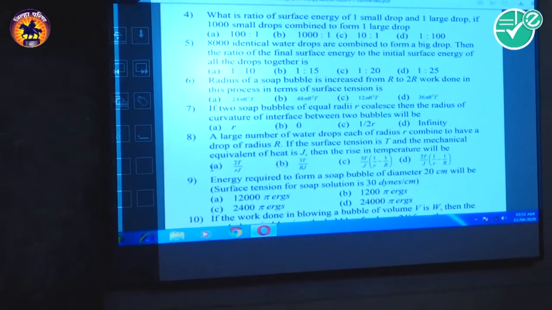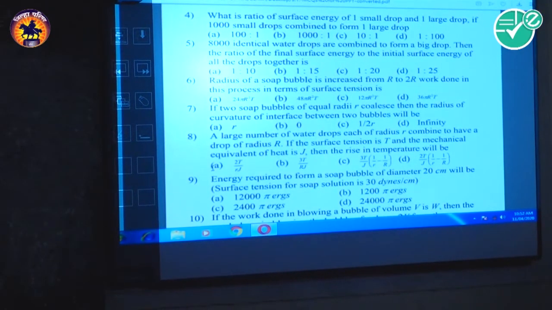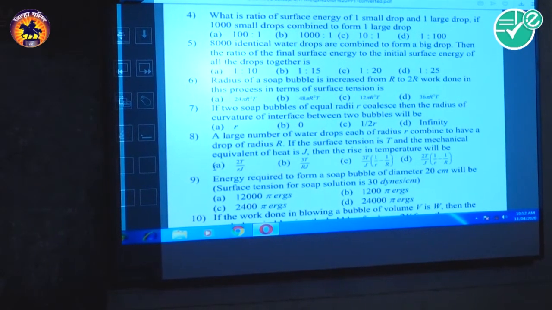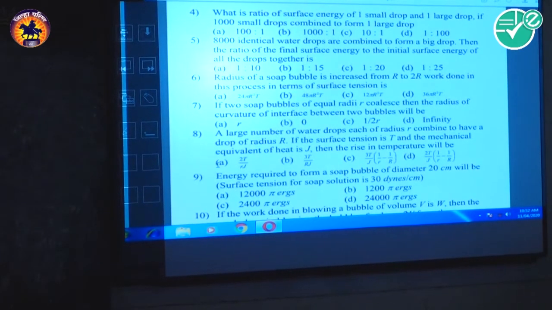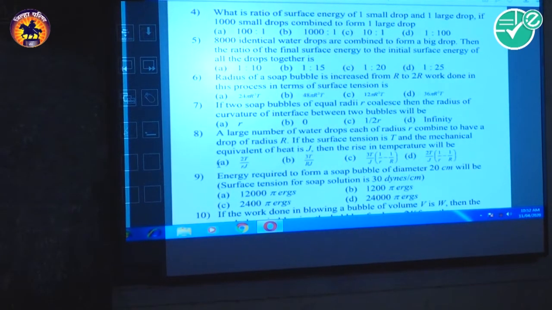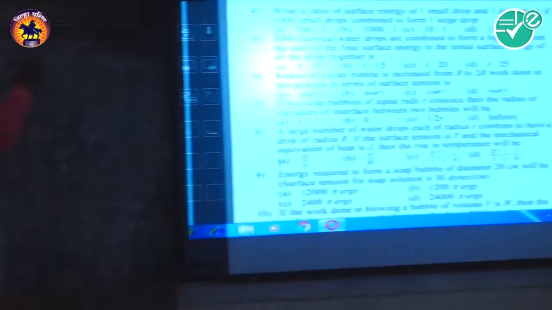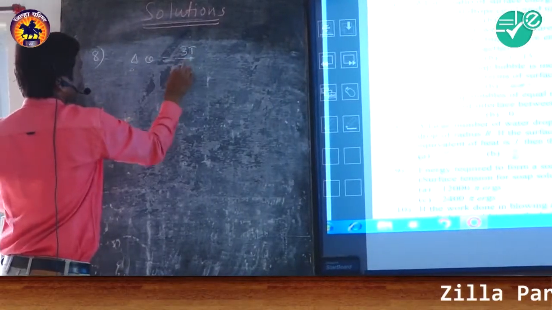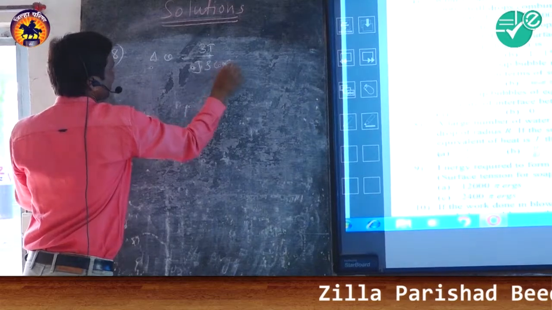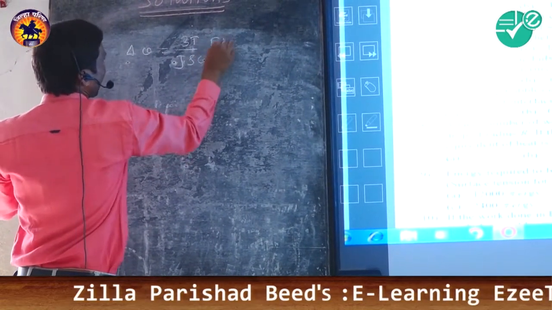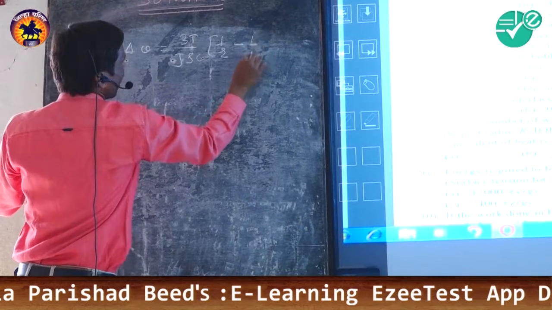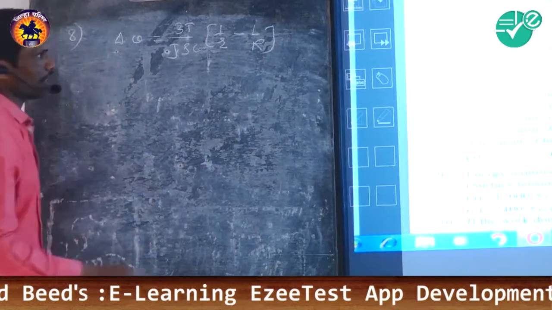We have seen that a large number of water droplets combine to form a single drop. In this case the temperature increases, and the increase in temperature is given by the expression 3T divided by J rho, in bracket 1 divided by small r minus 1 divided by capital R.